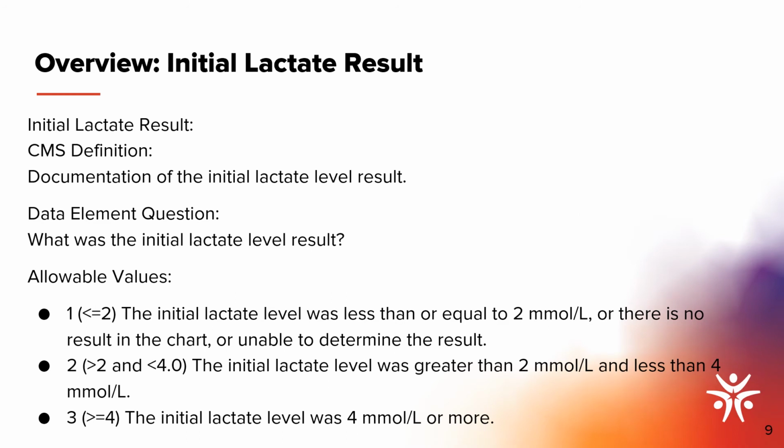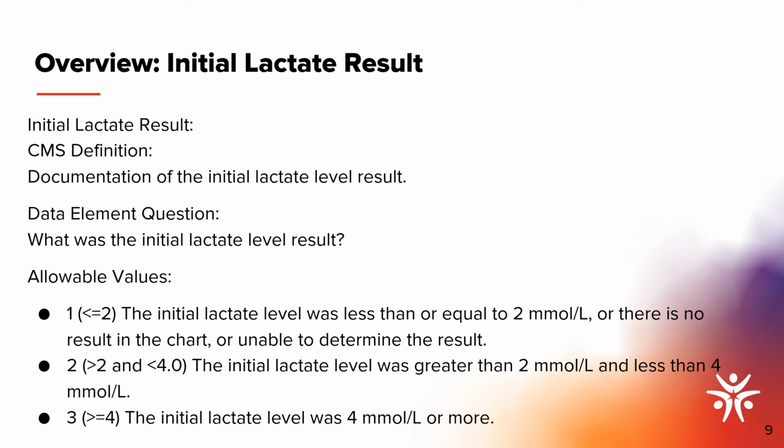Now let's review the next data element, initial lactate result. The CMS definition is documentation of the initial lactate level result. The data element question, what was the initial lactate level result? The allowable values are 1.